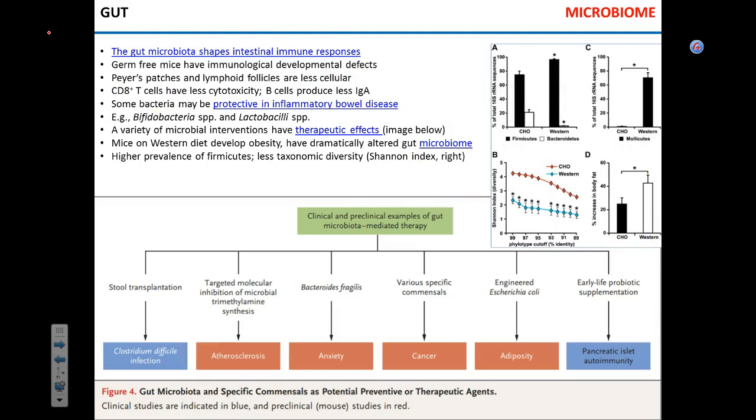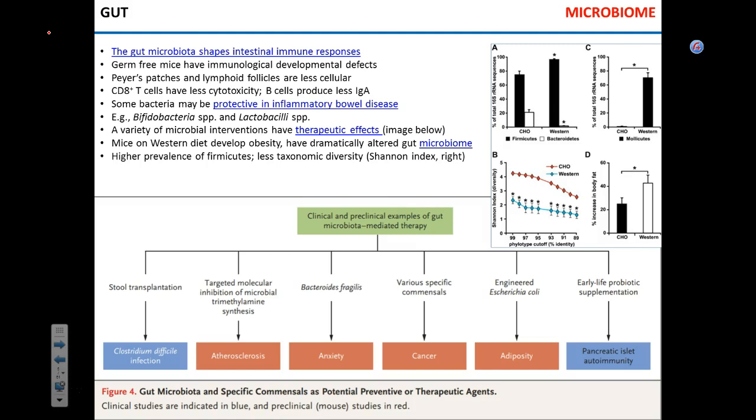Now, gut. That is fantastic. A couple of things about gut microbiome that I just love. So, first and foremost, now that is close to my heart because one of my best friends is doing gut. He used to do gut microbiome, inflammatory bowel disease stuff.